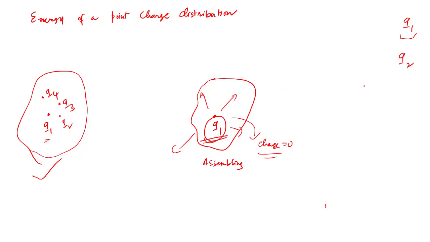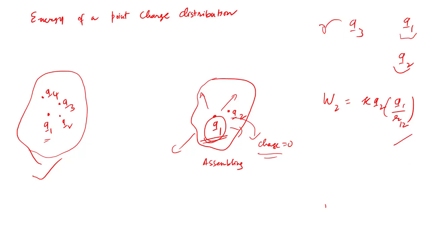The work done to bring charge 2 would be K times Q2, and you are doing this in the potential of charge 1, Q1 by R12, because that is the distance between the first charge and the second charge.